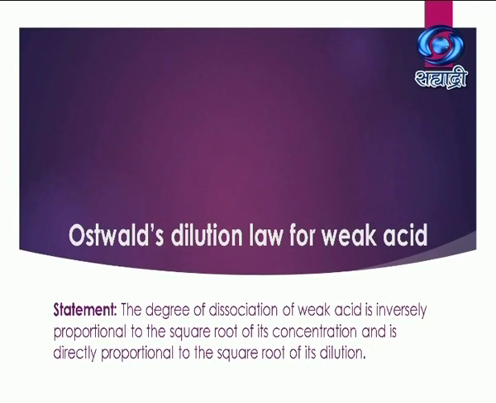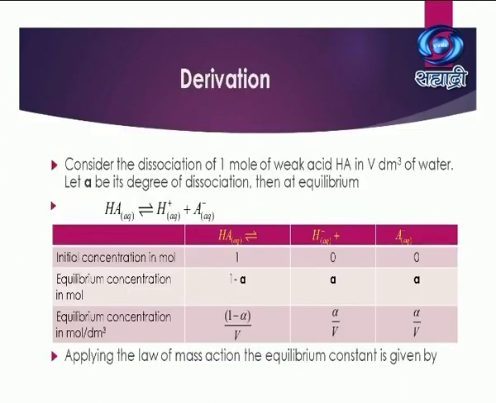So alpha is inversely proportional to the square root of its concentration. Alpha proportional to under root 1 upon C is the mathematical form, or it is directly proportional to the square root of its dilution. For dilution, the mathematical symbol used is V, that is, volume. So alpha proportional to square root of V. This we are going to prove.